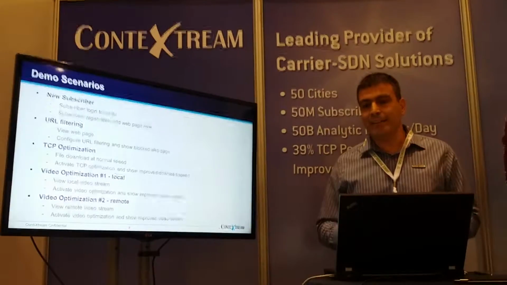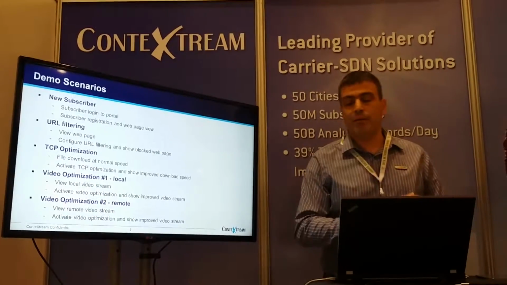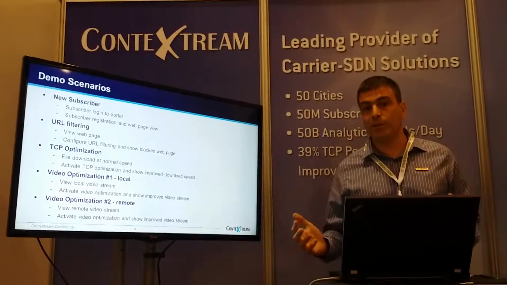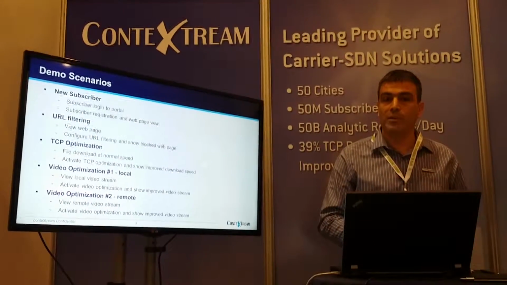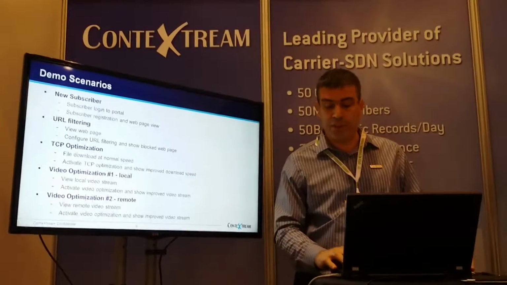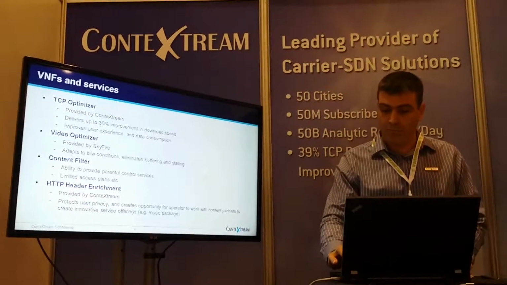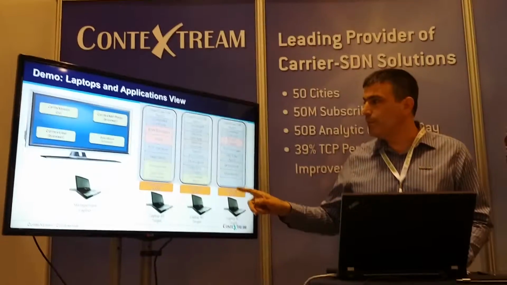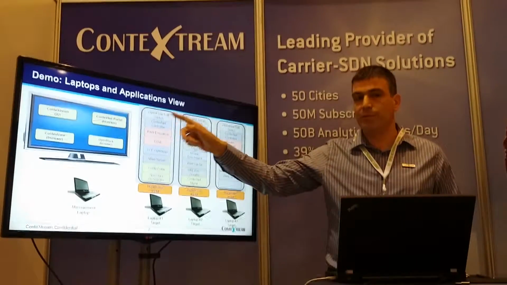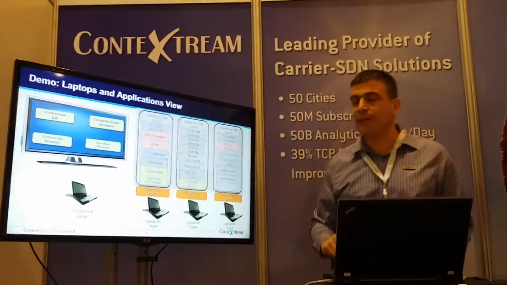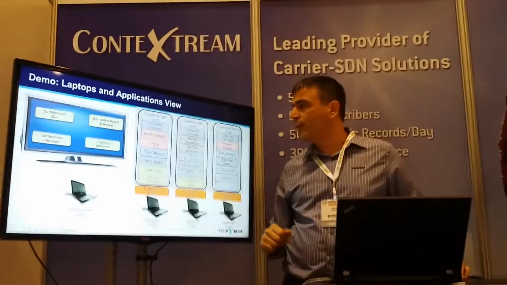Remember, everything behind the scenes is our ContextNet controller, which is a distributed federated controller that will change the OpenFlow rules in the different OpenFlow switches. In each laptop there is a Tor switch, and our ContextNet controller manages the rules on that Tor switch.